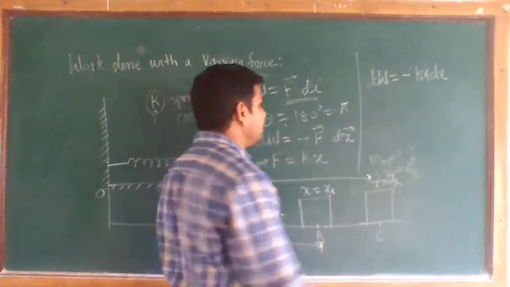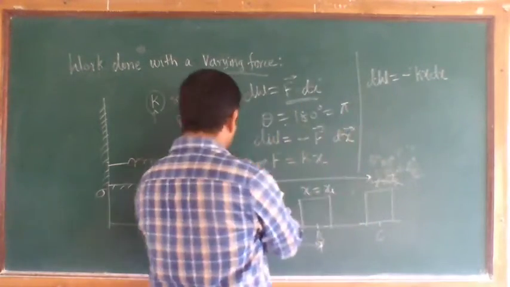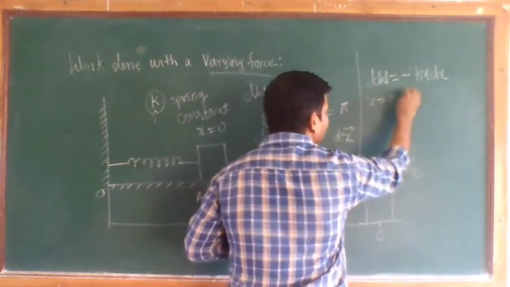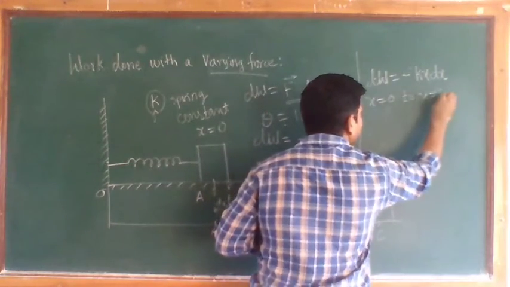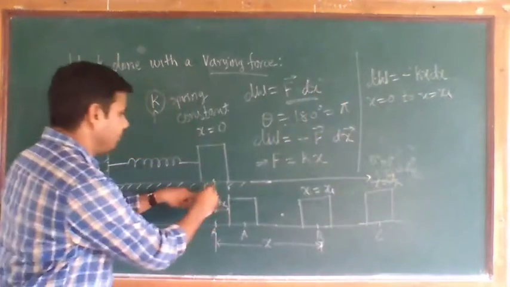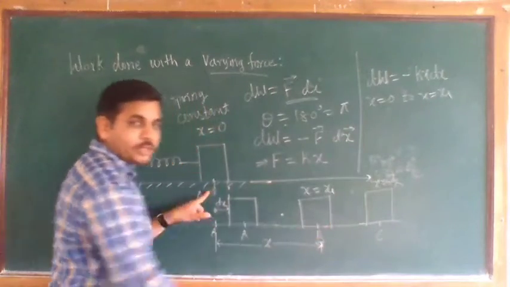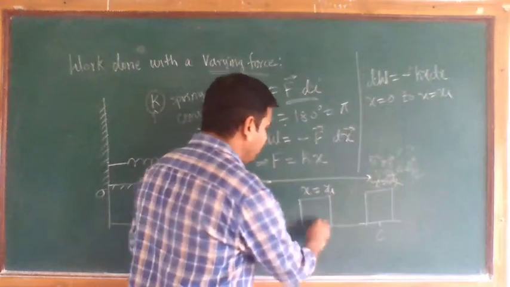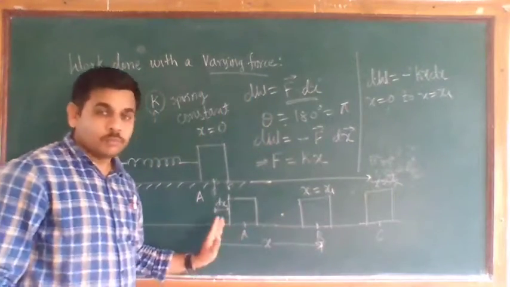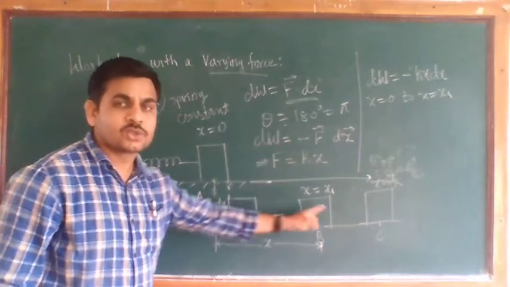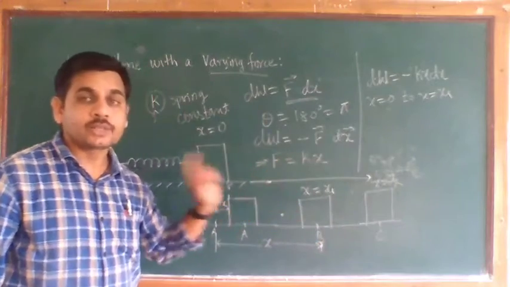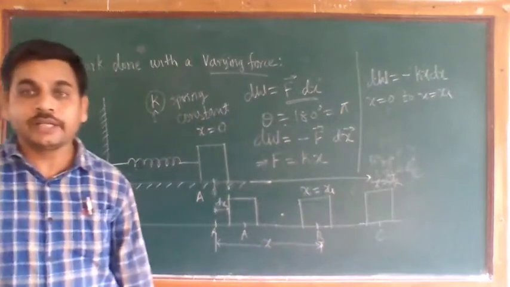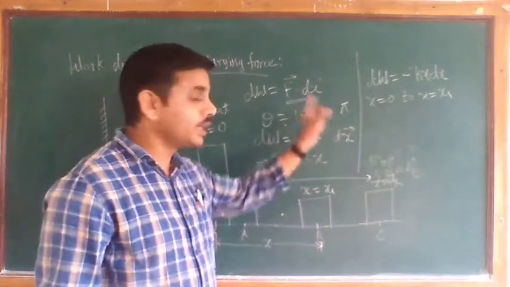For that condition, the moving block goes from x is equal to 0 to x is equal to x1, from point A to point B. Initially x is equal to 0, and at point B the block has moved to x is equal to x1. So in that condition we are determining this work done.